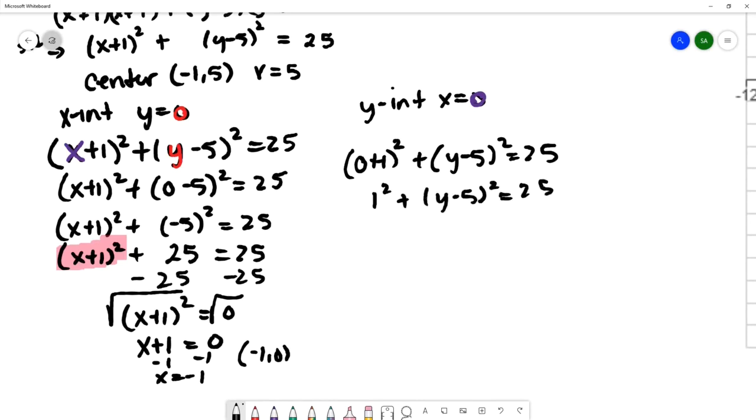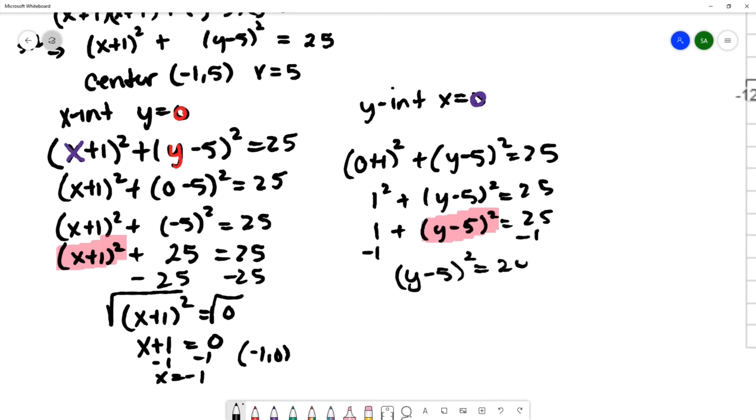And 1 squared is 1. And once again, I want to isolate this square term. I'll do that by subtracting 1 on both sides, leaving me with y minus 5 squared equals 24.